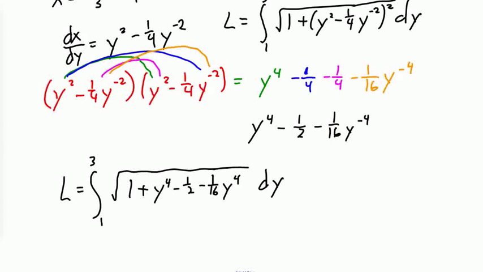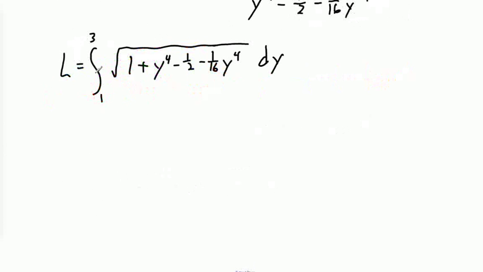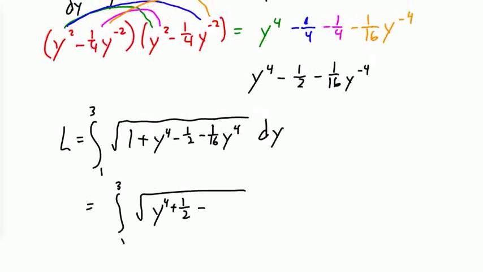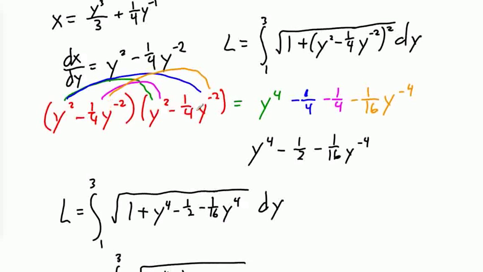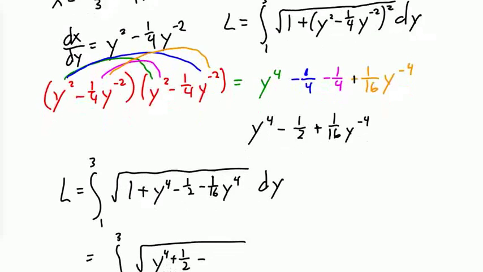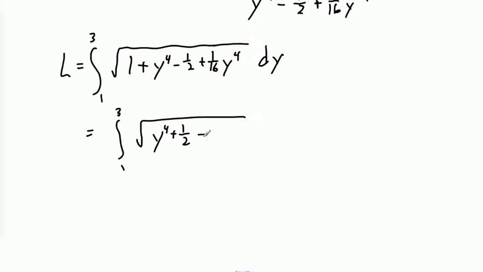Combine like terms: the integral from 1 to 3 of the square root of 1 minus 1/2, which is just 1/2. The y to the 4th stays. And then, oh shoot, I messed up. Negative 1/4 times negative 1/4 is positive 1/16. I'm sorry, I totally messed that one up. So this is plus, and this is plus 1/16 y to the negative 4, dy.